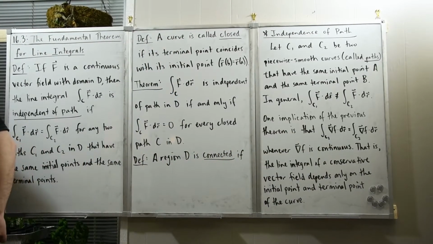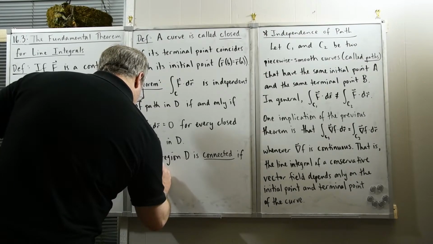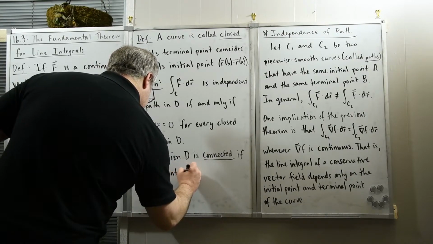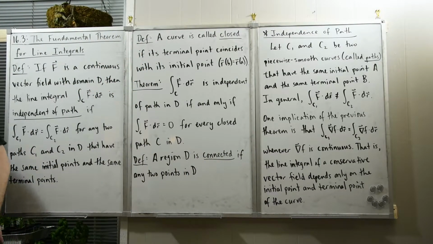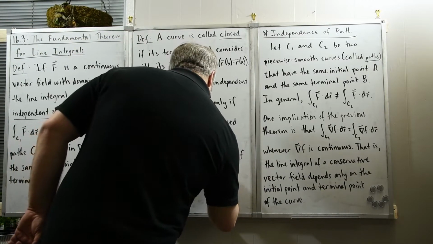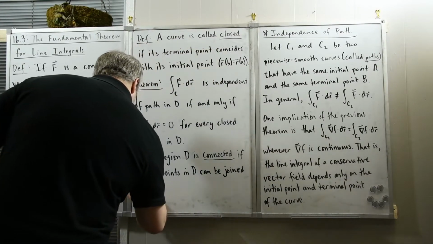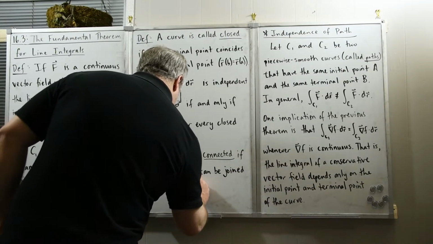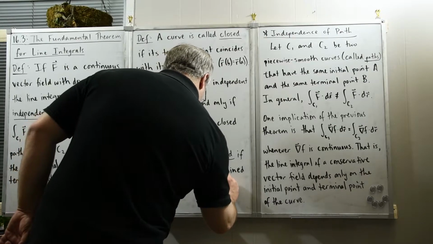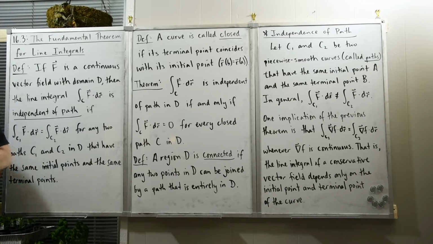So we say that a region D is connected if any 2 points in D can be joined by a path that is entirely in D. All right.